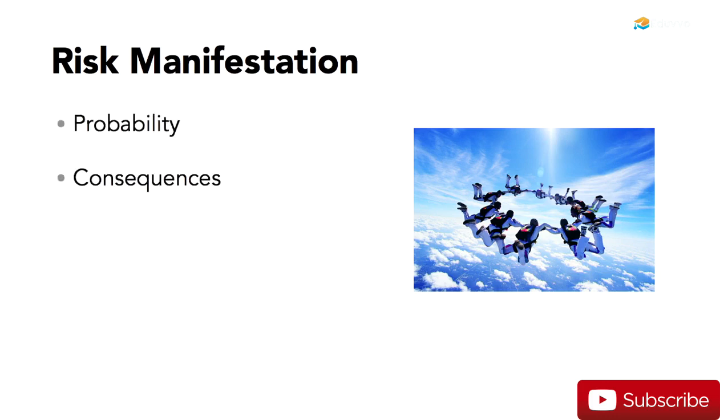Probability and consequences are how risk manifests itself. Probability indicates how possible it is for a software vulnerability to be exploited by a threat. Consequences measure the extent to which a software security incident can be damaging.